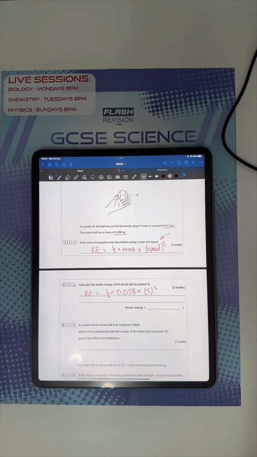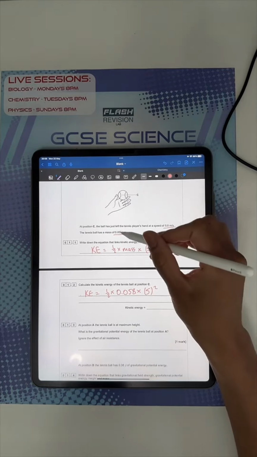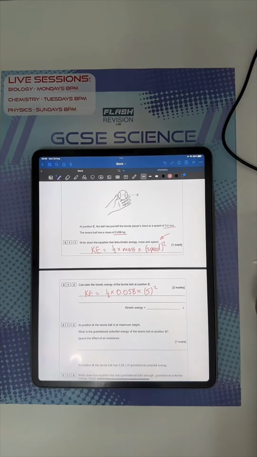Not 69, no. Answer is 725, not quite 725. Make sure you put the right number of decimal places here when you put 0.058.